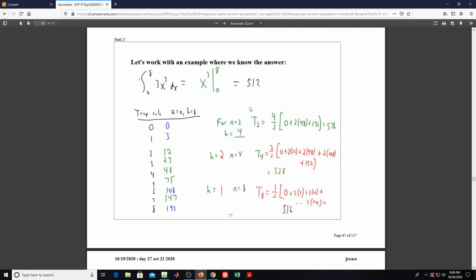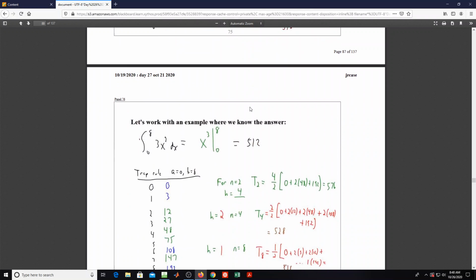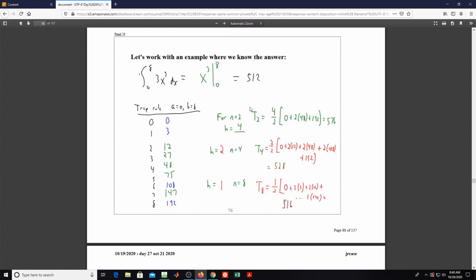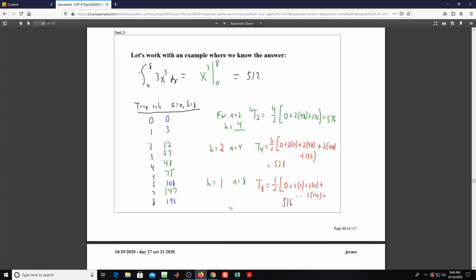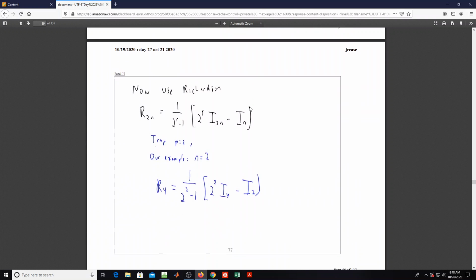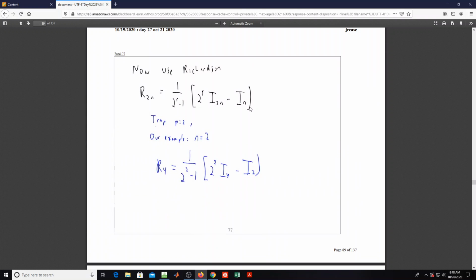Okay, now let's show you how we might use Romberg here, or Richardson, either way. So what I have here is that p is 2 because the trapezoidal rule is O(h squared).